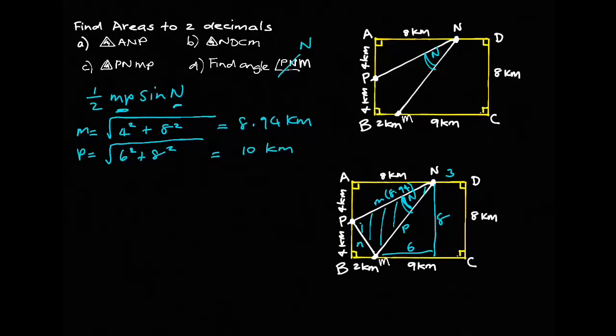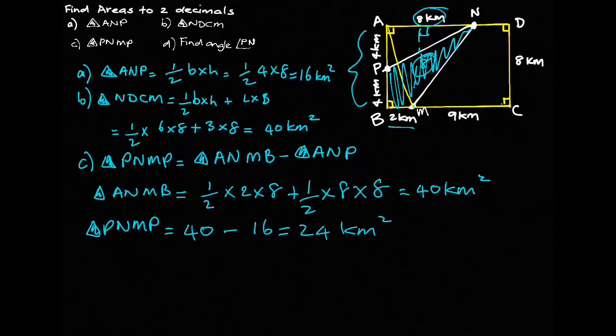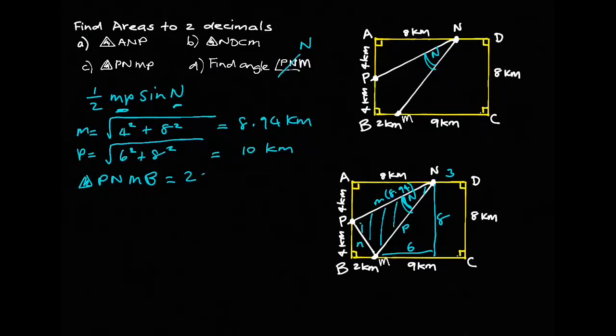So now we need to work out the area PNM. Now we know the area PNMB from our previous example is 24 kilometres squared. Now we just need to work out what this little triangle is and subtract it.